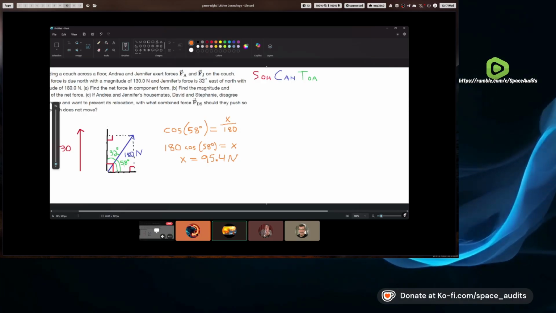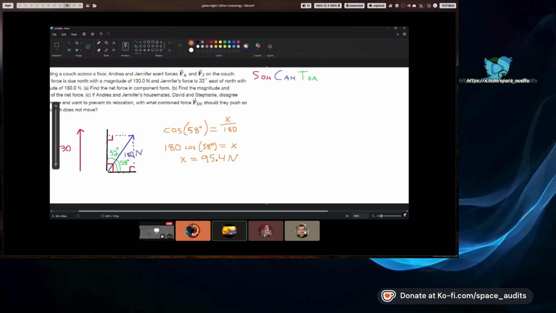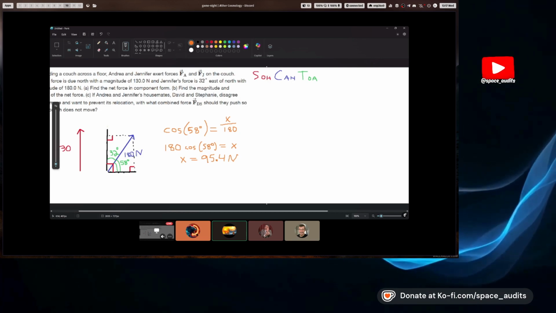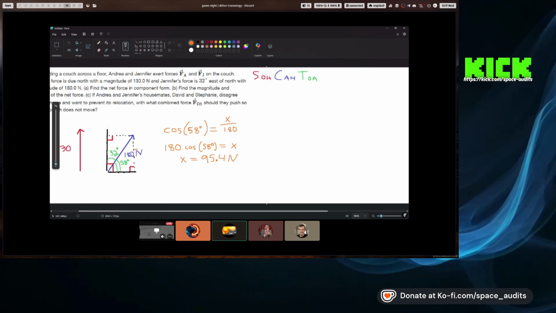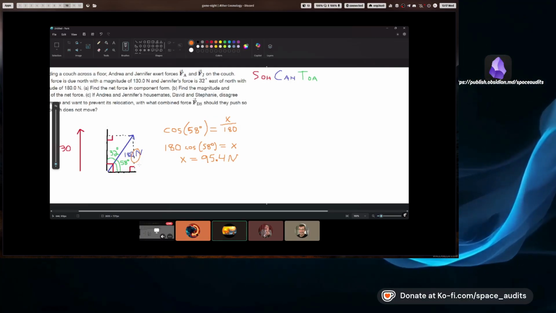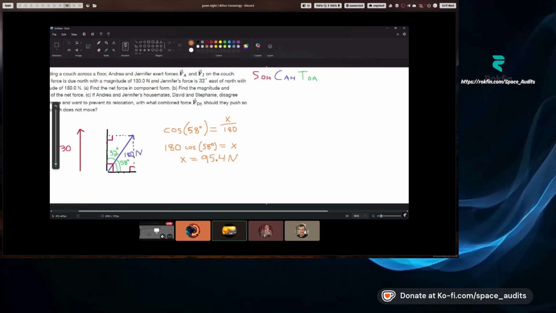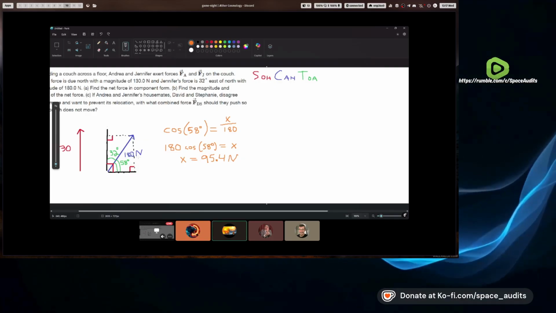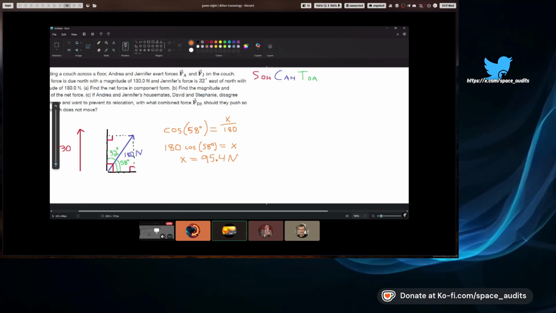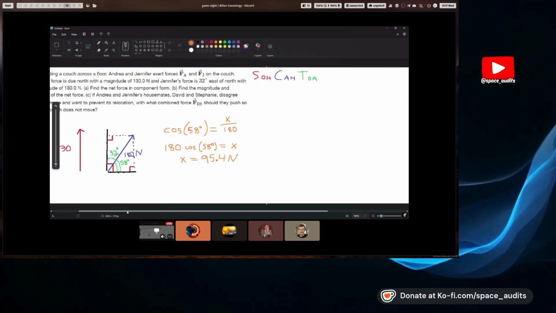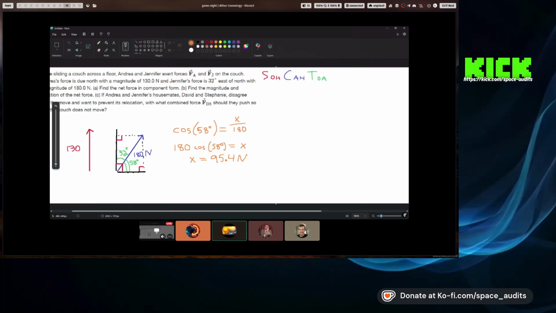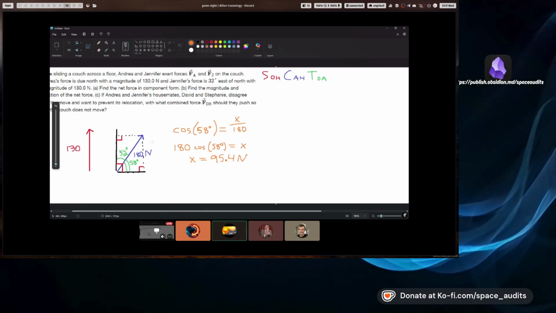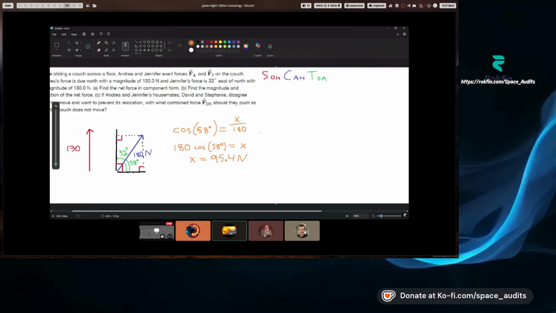Sine is opposite over hypotenuse, and the opposite is the vertical arm, in the vertical direction. So I could do sine 58 degrees equals y over 180, or cosine 32 degrees equals y over 180. The two are equivalent, okay?